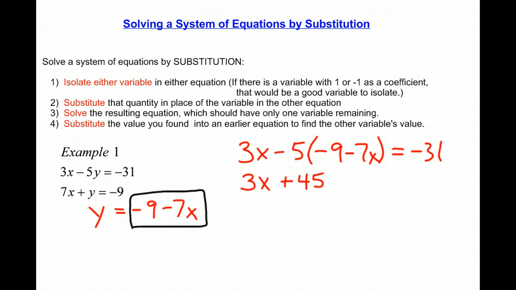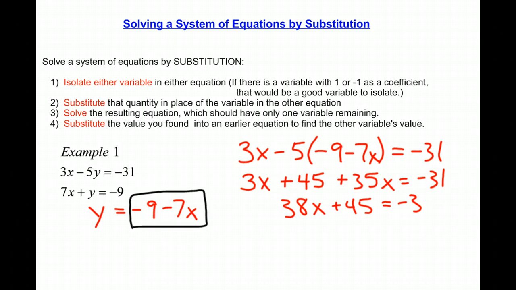I'm going to distribute the negative 5 through, so plus 45 plus 35x equals negative 31. I'm going to add the two x terms that are on the same side of the equation. You can just add them directly whenever they're already on the same side of the equation.